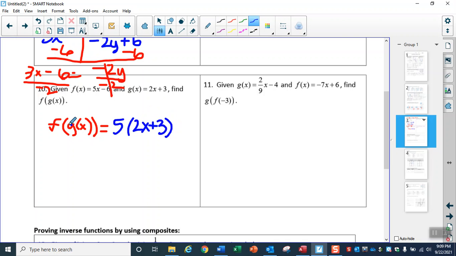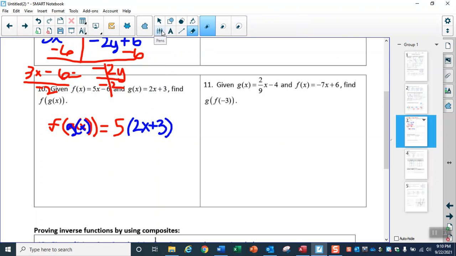So that's g. Actually, let me make g be blue. And f is going to be red. So let's erase this guy. All right, so f is 5. And then when you get to x, I'm putting g inside, right? This g is going into here because I wanted that to be blue.